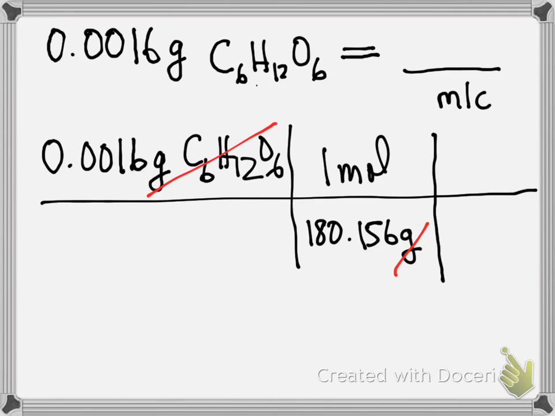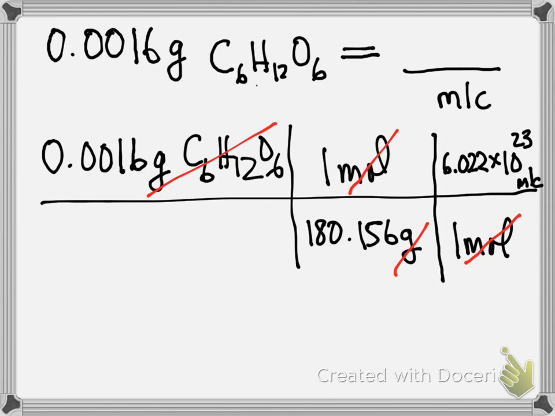And then I also know from our previous discussion that 1 mole is 6.022 times 10 to the 23rd molecules. And of course, moles cancel. And now all I have to do is a simplification.